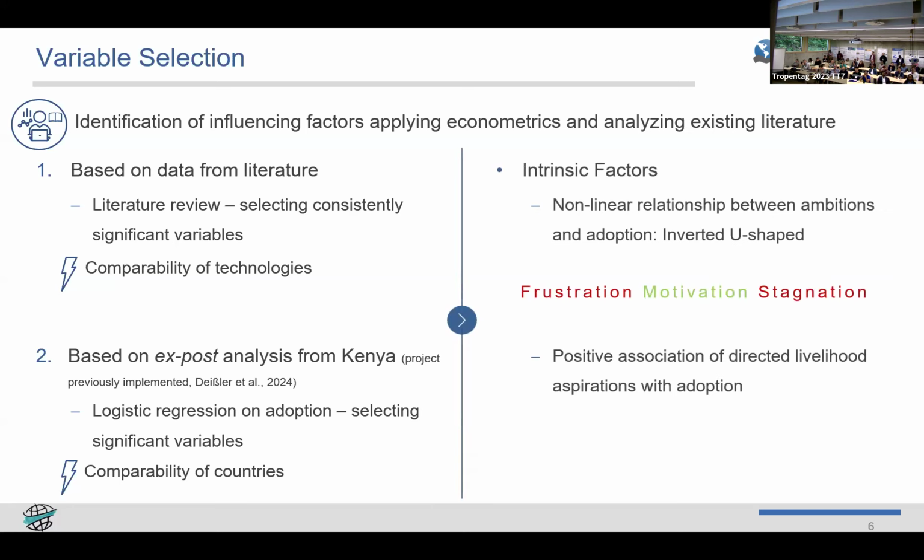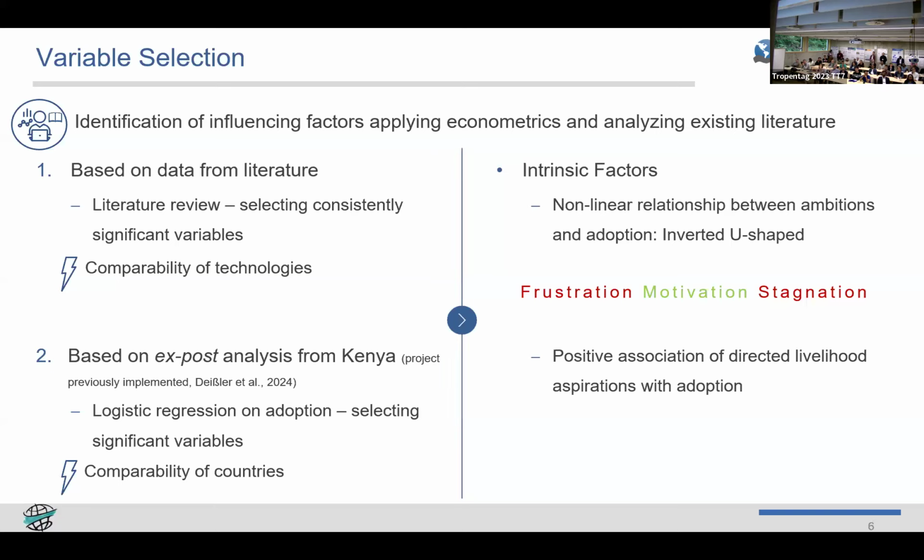And additionally, we have some intrinsic factors here. We have the ambitions. So there's a nonlinear relationship between the ambitions and adoption. So there's an inverted U shape. In the beginning, if the ambitions that the households want to reach are very far away from the initial situation, there can be some kind of frustration. So they will not really act on this.